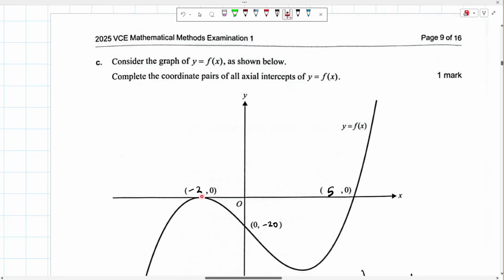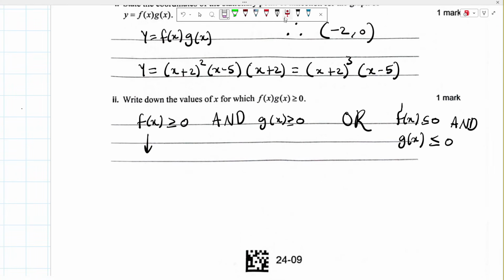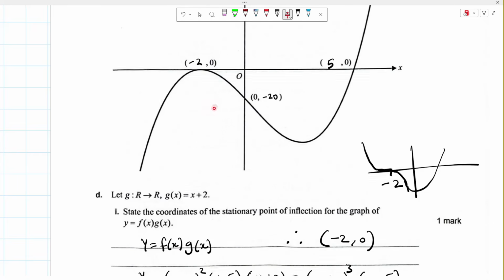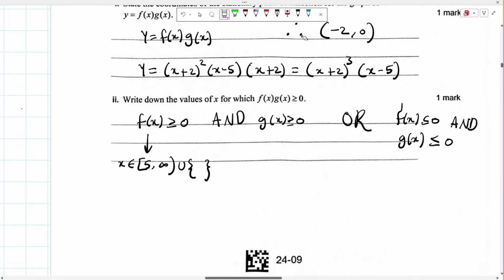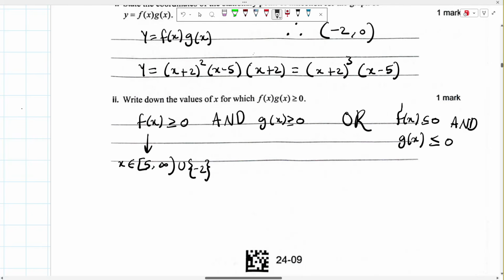So we can say, okay, x can be from 5 to infinity, or you can also just have an x value of -2. So that's when f of x is greater than or equal to 0.